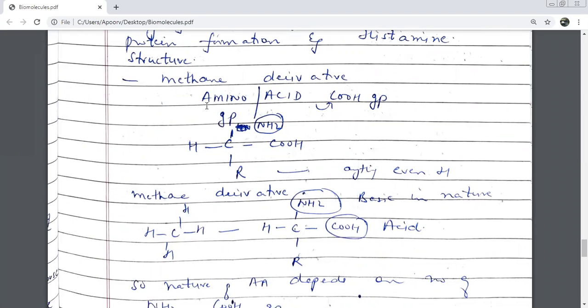I'm saying that amino acids are methane derivatives. Derivatives means that in place of this hydrogen something else has attached, in place of this something else, and what is newly derived from methane is what we call a methane derivative. Now let us understand why amino acids are methane derivatives. Beta, don't be scared, the chapter is easy. Just revise with me 2-3 times, that's it.